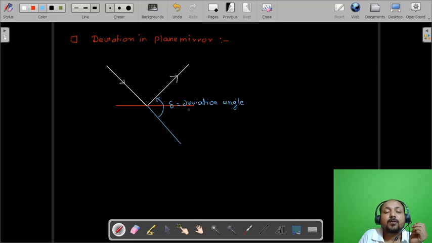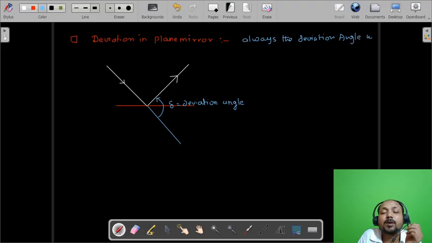So we have to always write the deviation angle with direction.